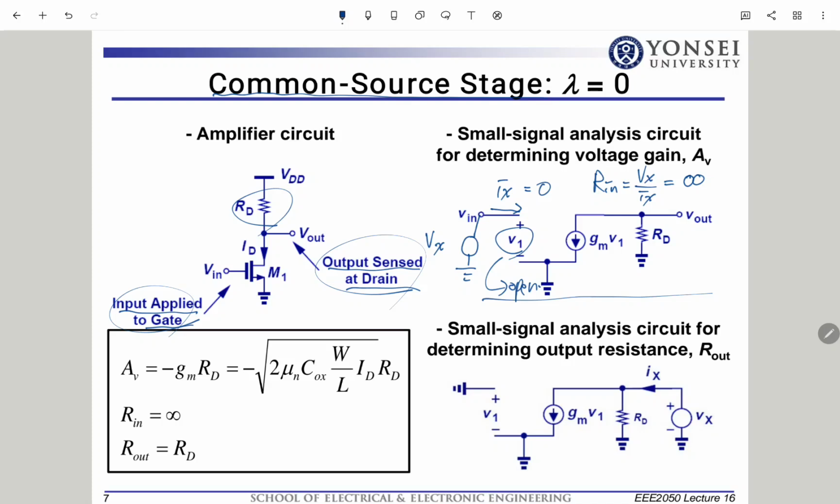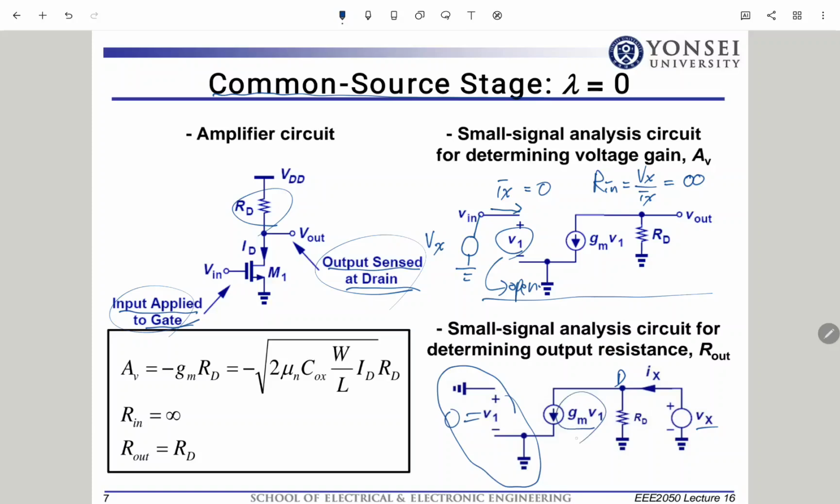Now, what about output impedance seen from the drain side? Again, we attach the test source at the drain side. Then what is the impedance? If you take a look at this side, V1 is equal to 0.